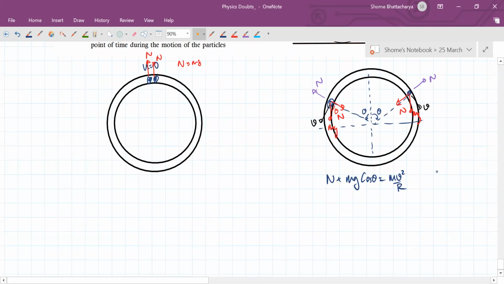Basically, mv square by r has become greater than mg cos theta. So the spheres are in contact with the outer surface.